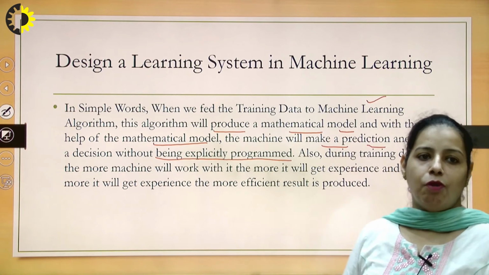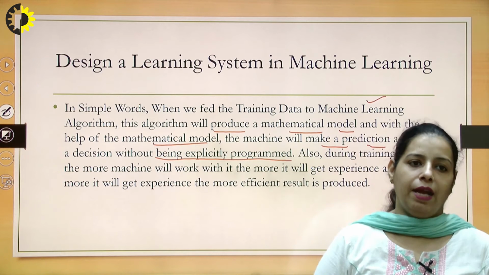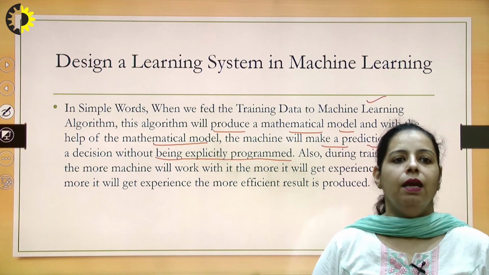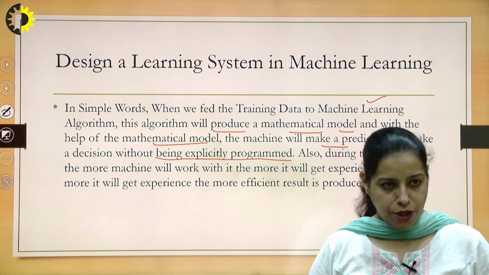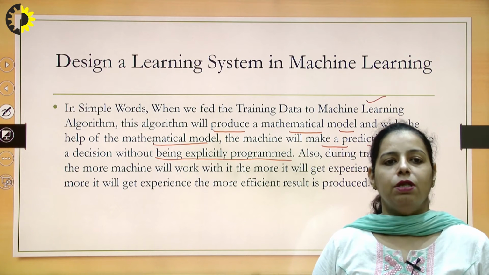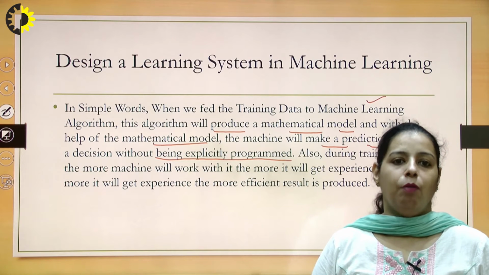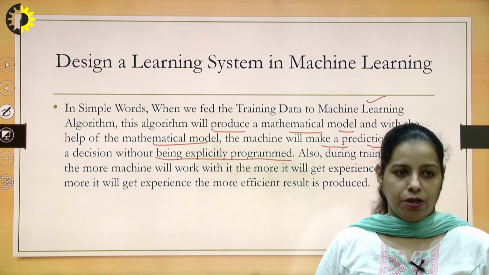So these 4 sentences are very clear in defining what a learning system actually is. A learning system is basically a system designed by a machine learning algorithm, where it uses a mathematical model, and with the help of that model, it gives predictions and decisions.